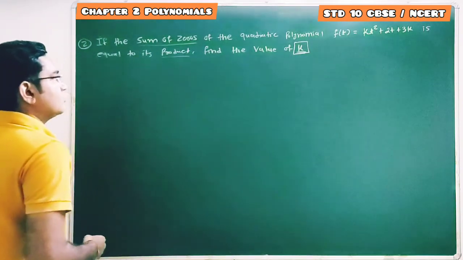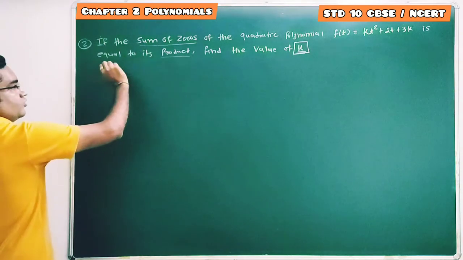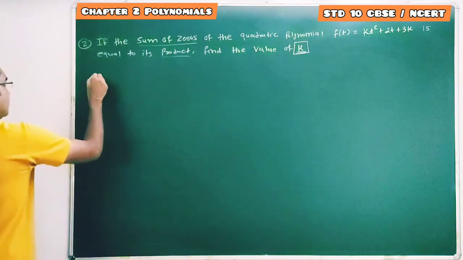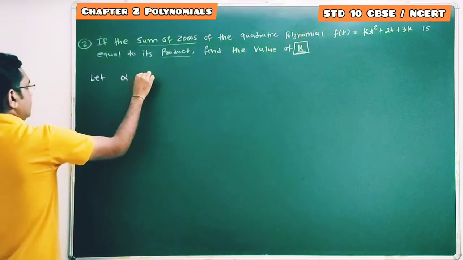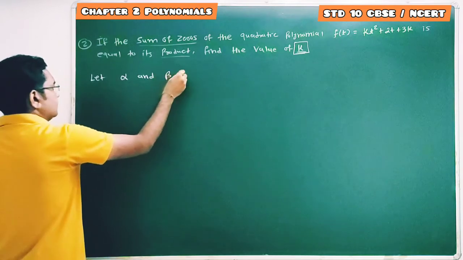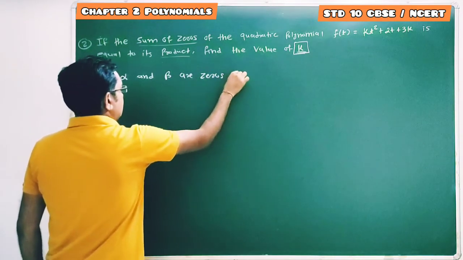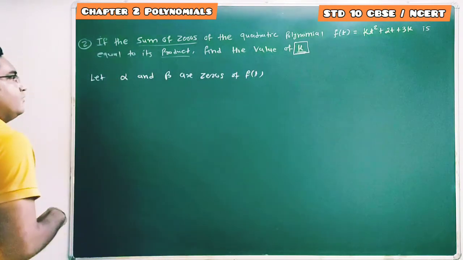Done? So now let's start with the given. Let's say zeros. So here quadratic polynomial is given, so maximum 2 zeros are there. So let's assume alpha and beta are zeros of polynomial f of t.